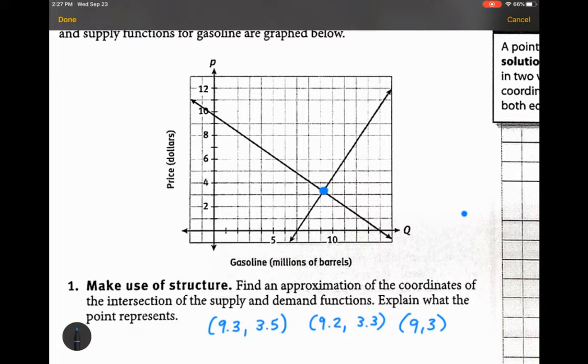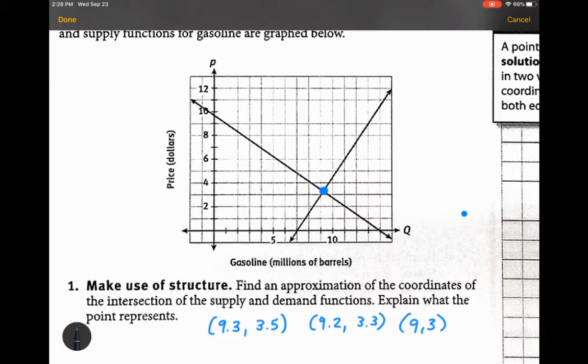So the point where they're coming together, what is that? What's the purpose of that? Say that again. Okay, so it's where our supply is matching our demand.